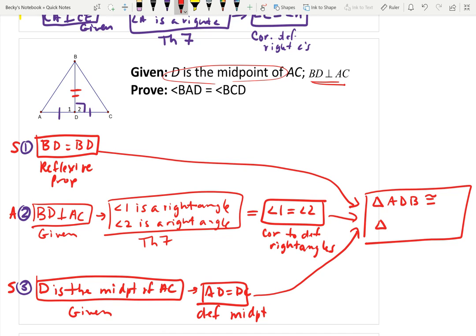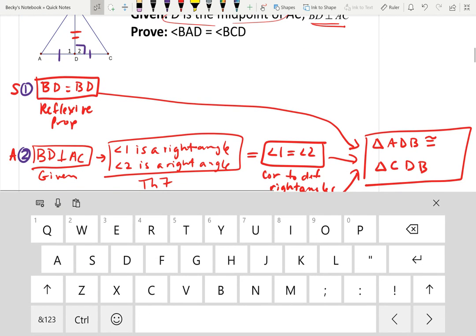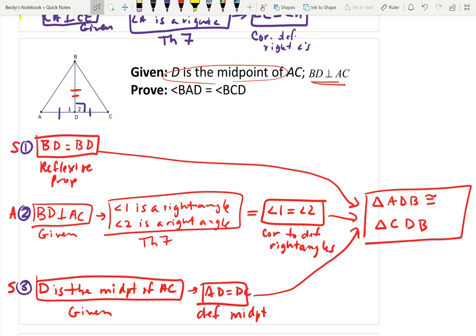And then make sure everything corresponds. So A corresponds with C, D with D, and B with B. Now underneath, make sure you tell me how you know they're congruent. And hopefully you have it over here on the side. It's SAS.